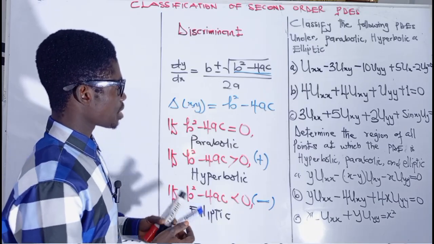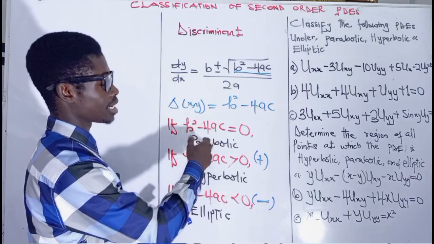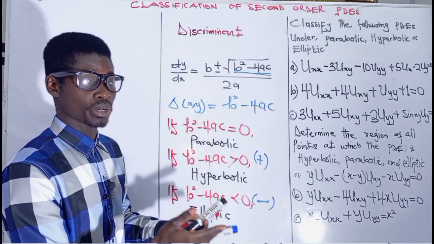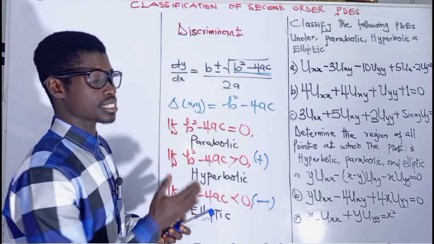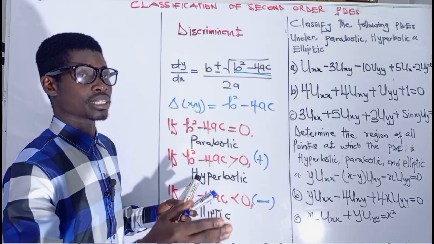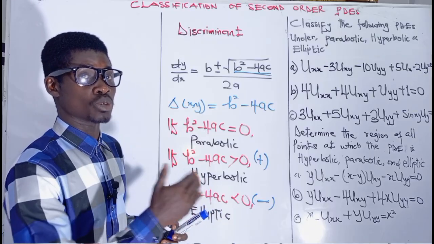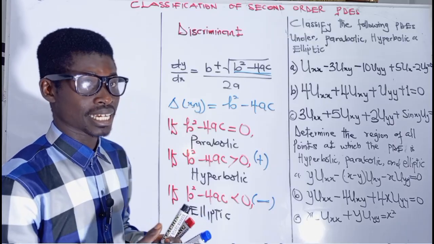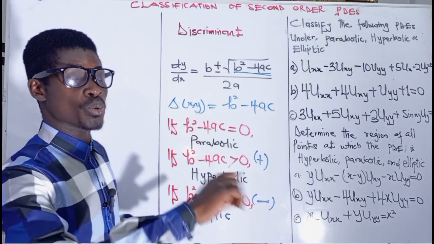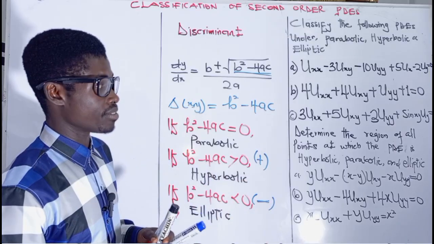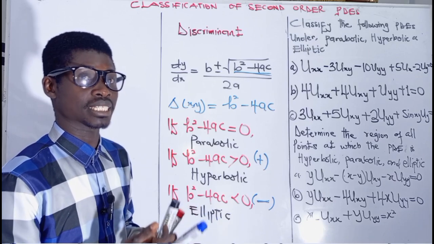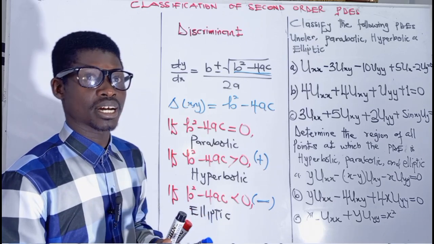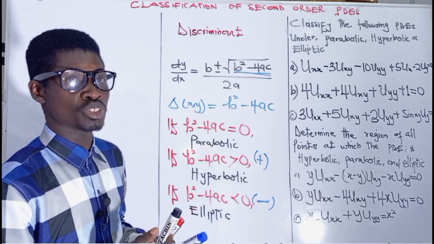Someone may ask, how do we get our a, our b, and our c to do our calculation? The a, b, and c can be obtained from the principal parts of the equation that will be given. With the principal parts, we are looking at the highest partial derivative within that equation. Since we are looking at the second order, the highest partial derivative is going to be what?